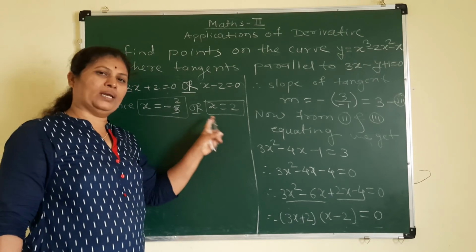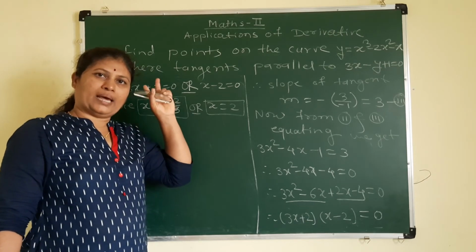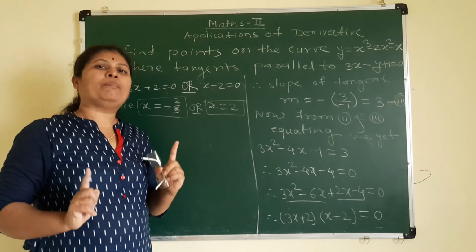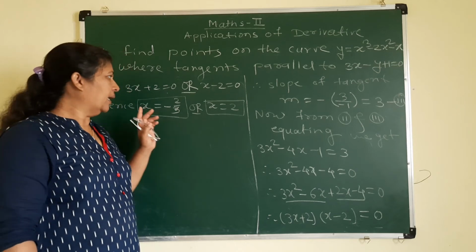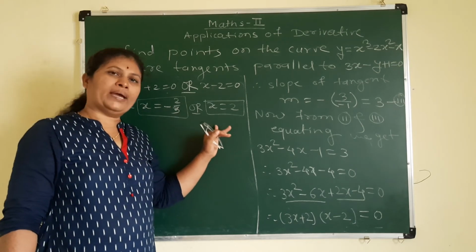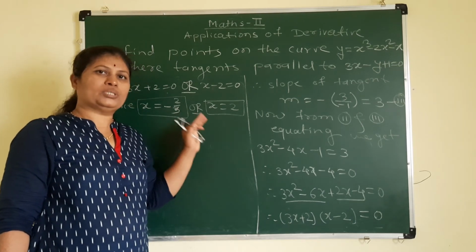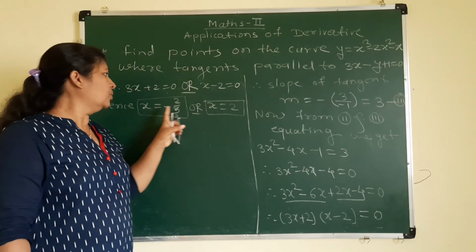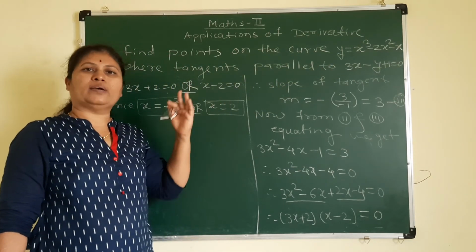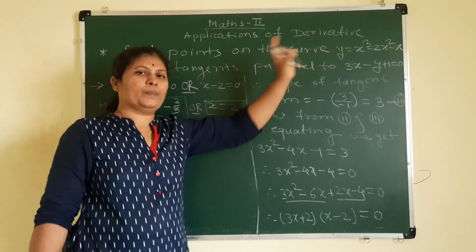Since there are two values of x, means there are two tangents which are parallel to each other. They will have the same slope. And now I have to find the y coordinate of that point. So since the point is on this curve, I will substitute these values of x, I will find the value of y in this equation.